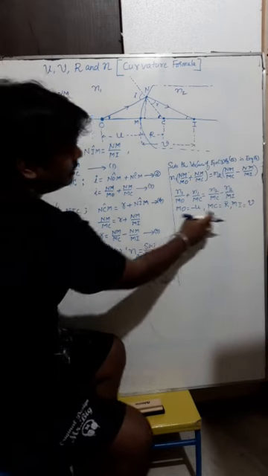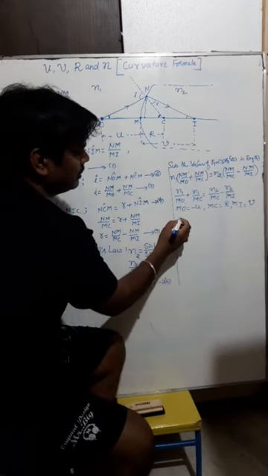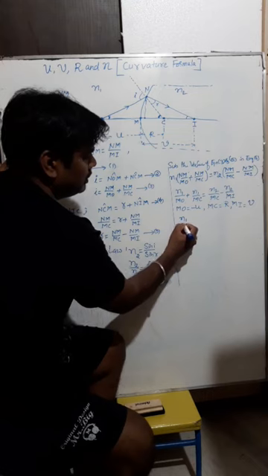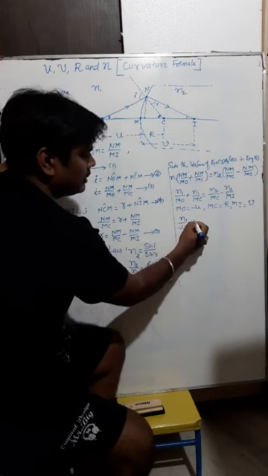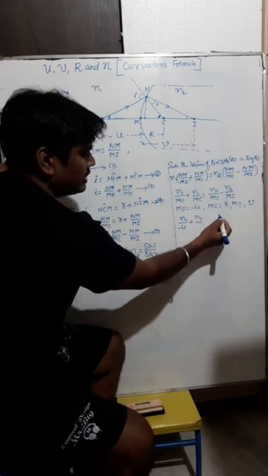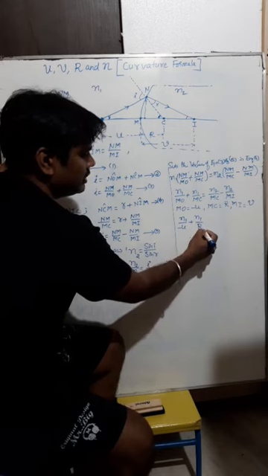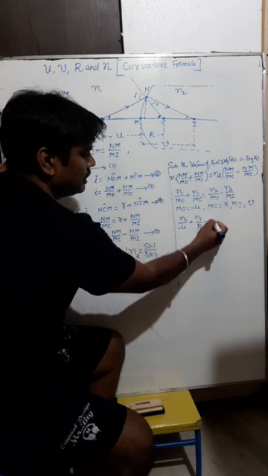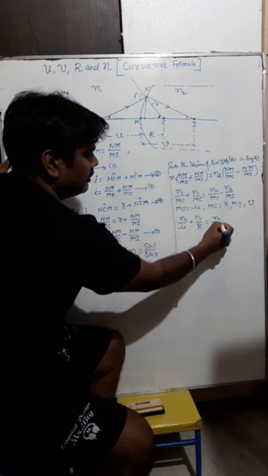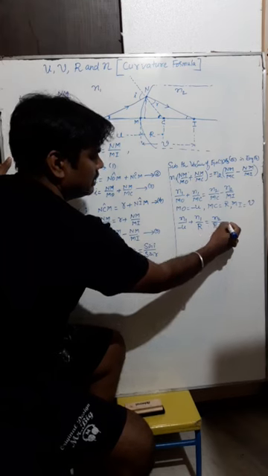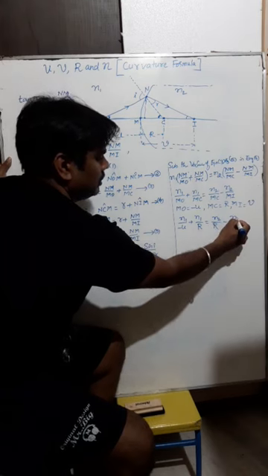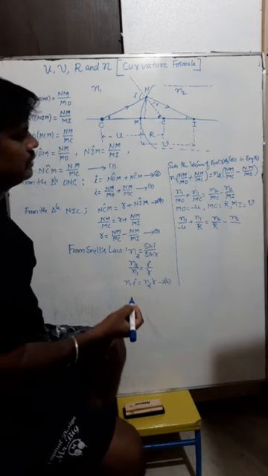Now replace all these values in this equation. It will become N1 divided by MO, MO is minus U, plus N1 divided by MC, MC is radius of curvature R, which is equal to N2 divided by MC, MC is again radius of curvature R, minus N2 divided by Mi.